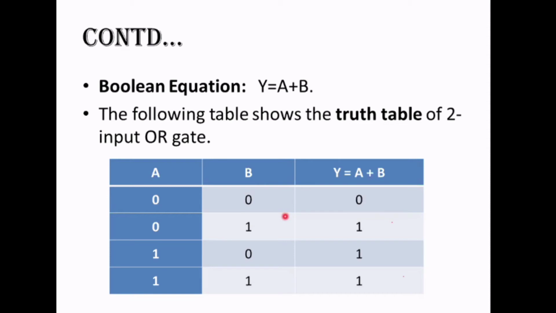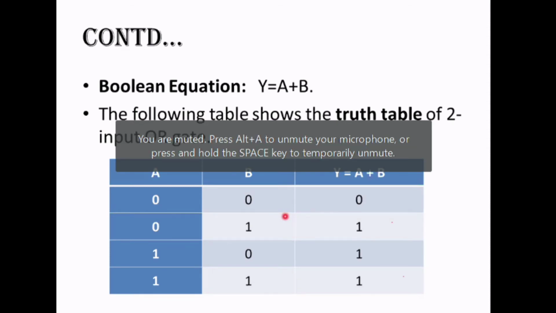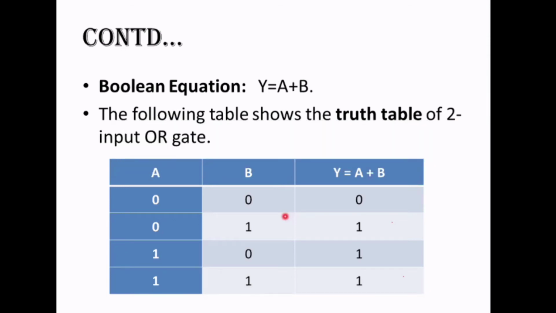Now, you know that high, low, 1, 0, true, false, these words are used alternatively. तो यहाँ पे हम लोग ने A और B को रिप्रेजेंट करने के लिए क्या किया है, कौन सा टर्म्स यूज किया है? 0 and 1 we are using, right? Now the first combination that we have presented to our logic gate is 0, 0. It means what? The A input is also 0, B input is also 0, right?